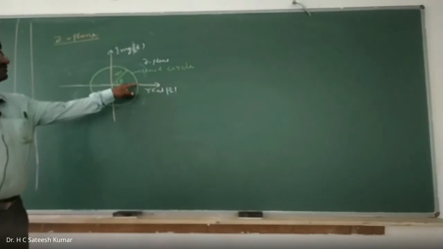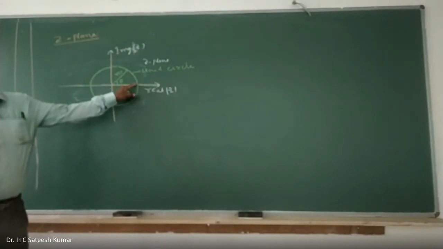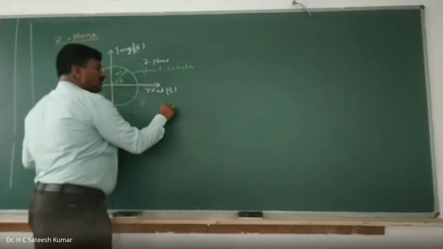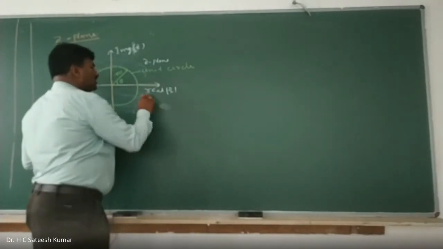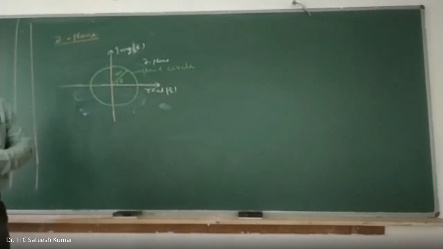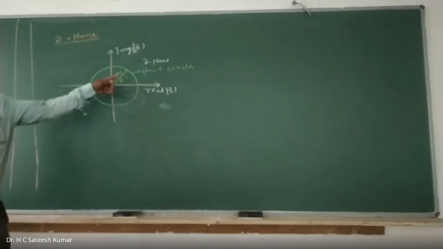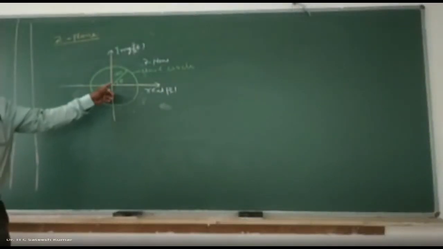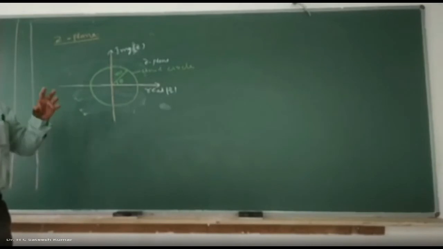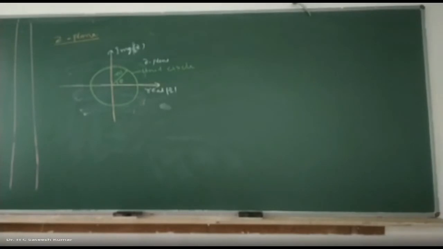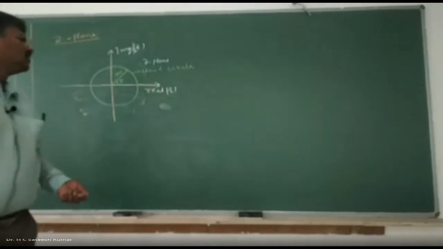On the unit circle, Z transformation reduces to Fourier transformation, right?